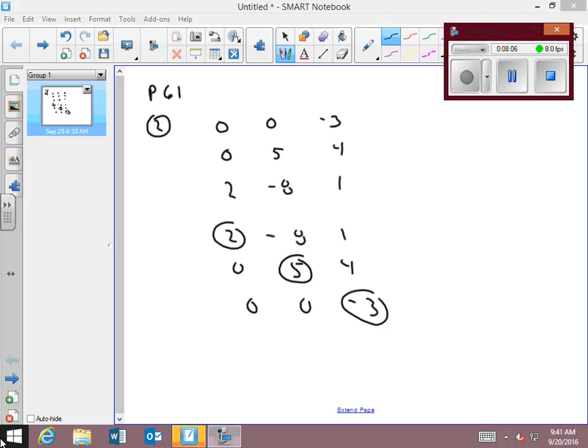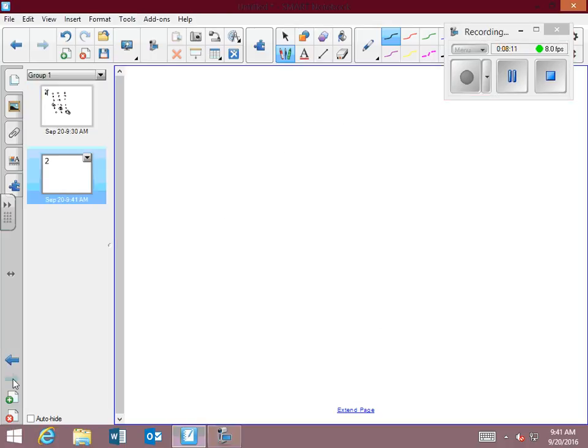If you look at number 3, where you have 1, 3, and 1, 3, 9.